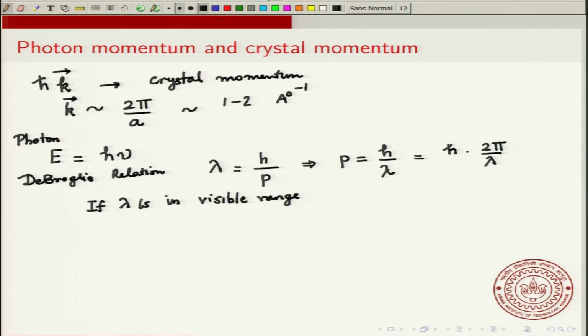When lambda is in the visible range, it is of order 500 nanometers, that is about 5000 angstroms.